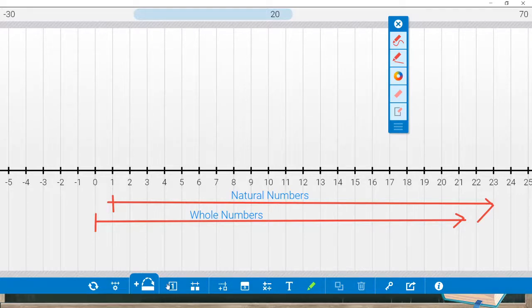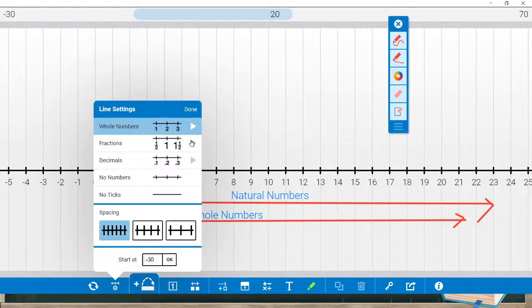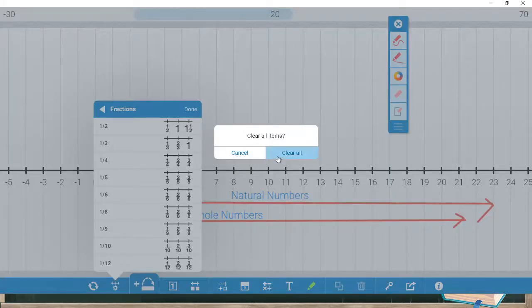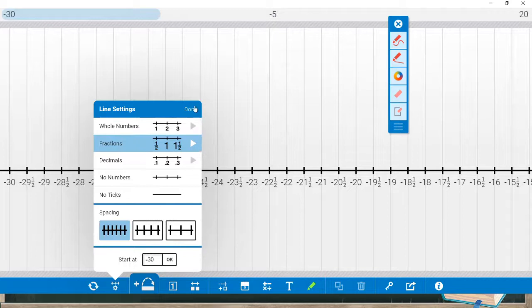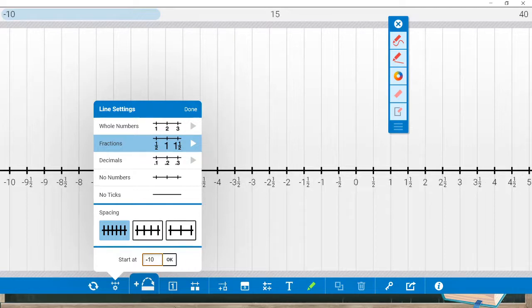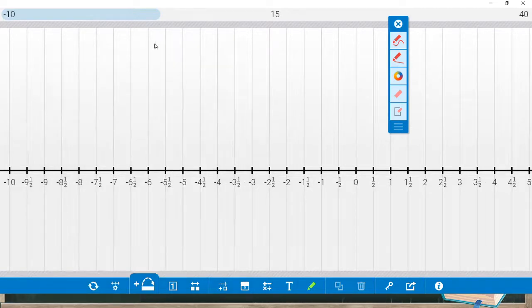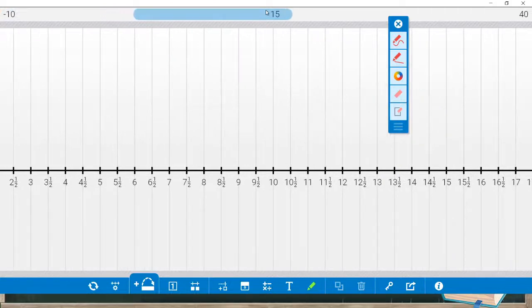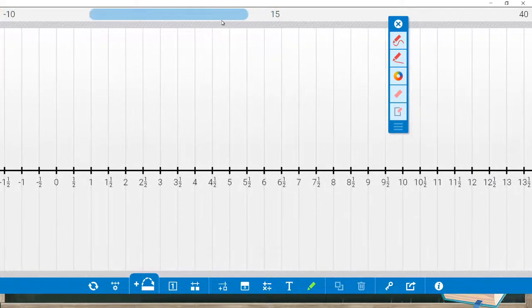Now let us look at something that is used to measure, fractions. Now when we look at fractions, we see what are fractions or rational numbers. Fractions are also called rational numbers.